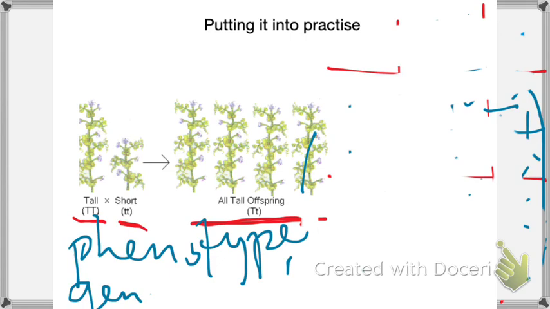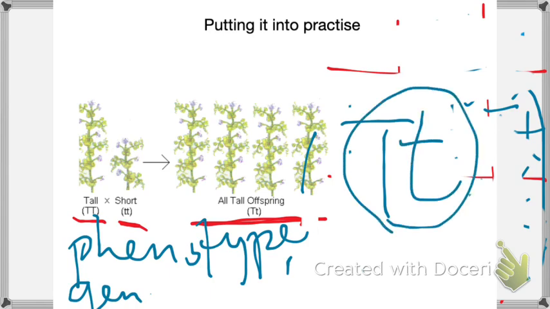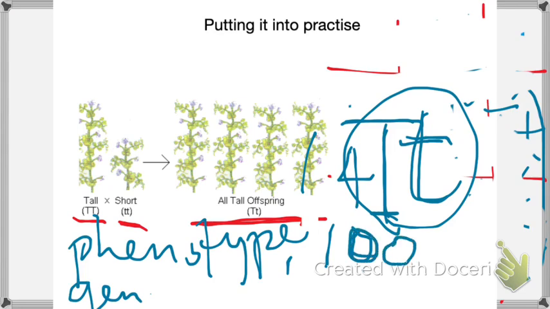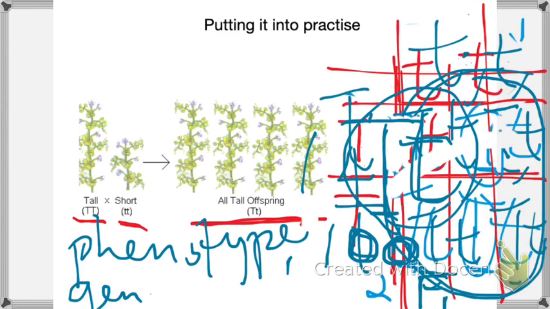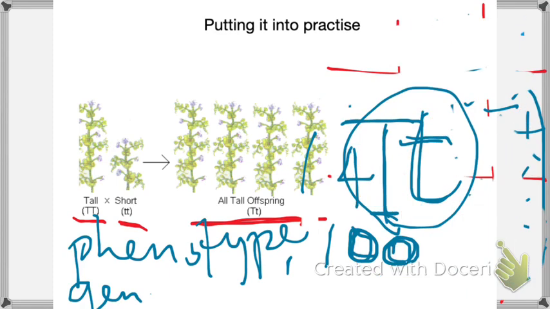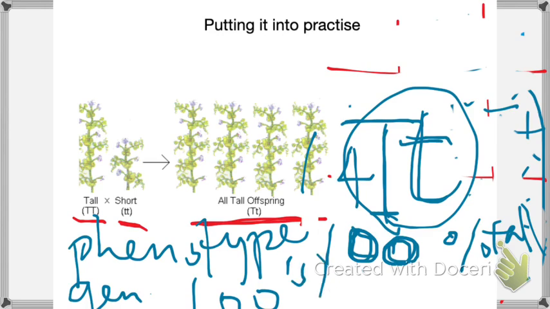So yes, if we created just now a crossing that led to all 4 of the offspring having a genotype of heterozygous, 1 big T, 1 small t, what would the phenotype be? Because they have that tall allele present, all of the offspring would be tall. So that's 100% tall, right? And the genotype would be 100% heterozygous.